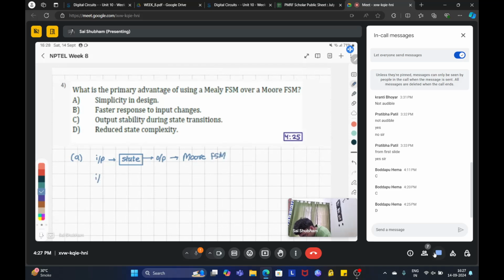Whereas in Mealy, what happens is that input changes your state, and you have some state value and input value which goes into a combinational block, some operational block, and that gives you the output. This is your Mealy FSM. So it is not simple in design. This is complicated.